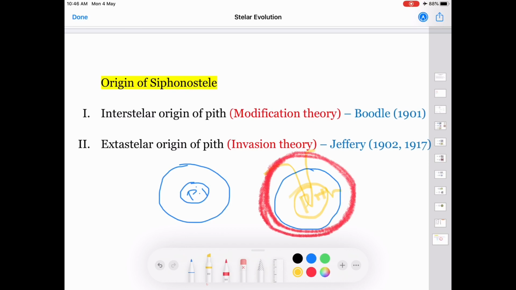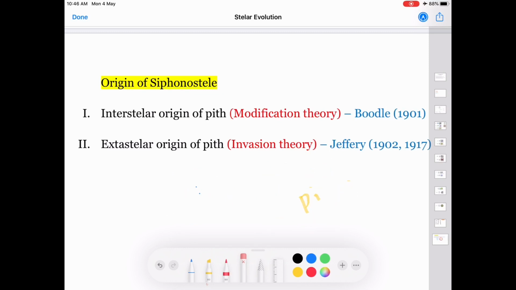Invagination or invasion of the parenchymatous cell in the cortical region to the central region of the vascular cylinder is known as the extrastelar origin of pith or the invasion theory.